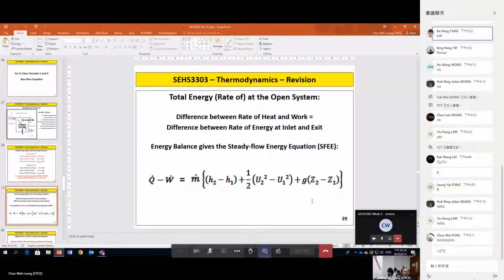The first group, enthalpy, is in kilojoules per kilogram. The second group is the kinetic energy, half of U2 squared minus U1 squared, where U is velocity. The third group is the potential energy difference, g, 9.81, times the height Z2 minus the height Z1.